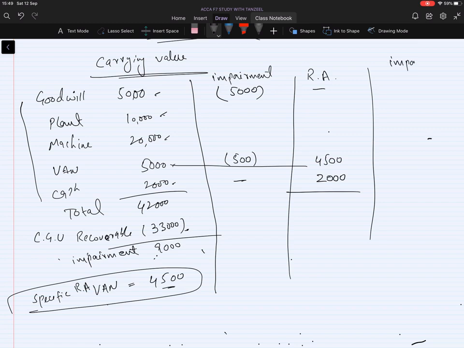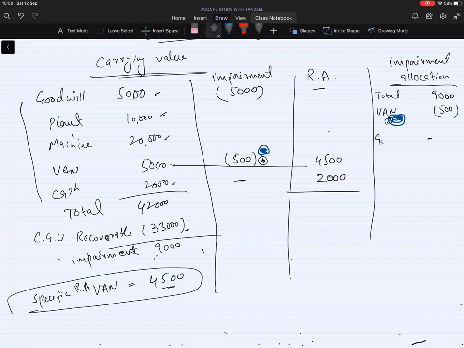Impairment allocation, let's do it here. Total impairment was 9,000. Out of this, we allocated 500 to van. I'm just writing this to make you understand.